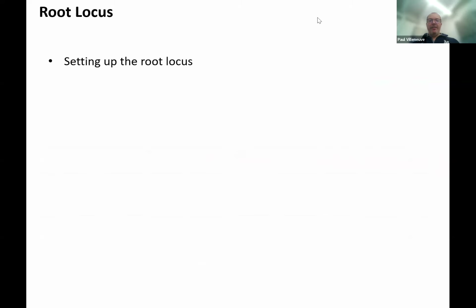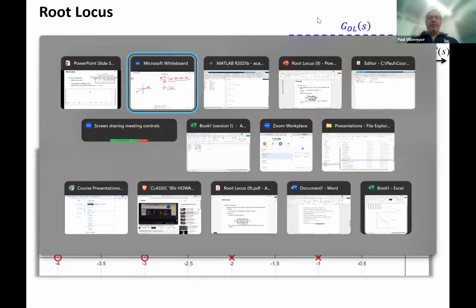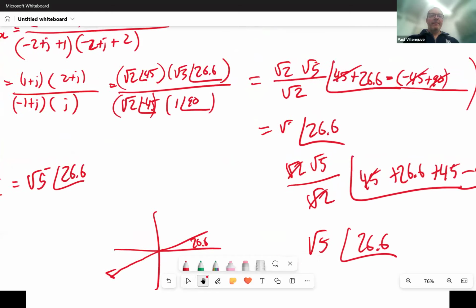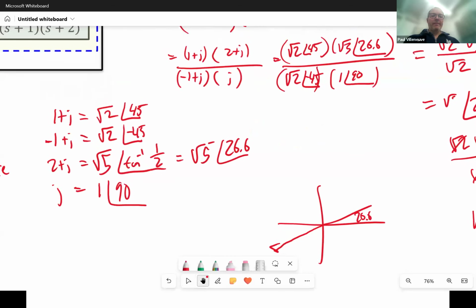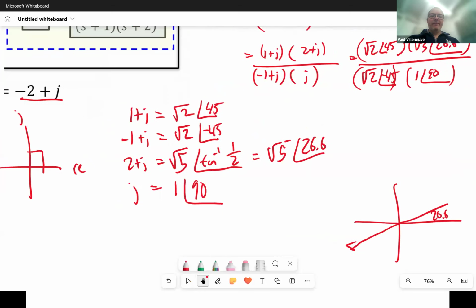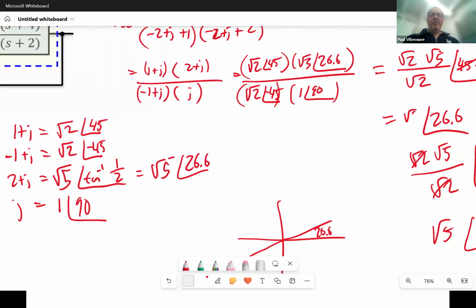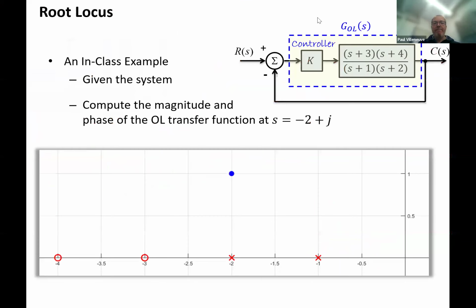Let's see what I get over here. Negative 2 plus j is definitely 26.6. This should actually be square root of 5, but it's just off by 180 degrees. I'm not sure why.